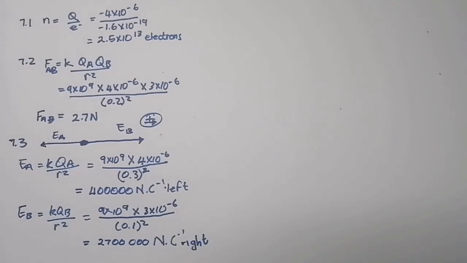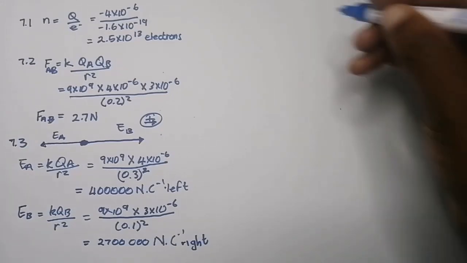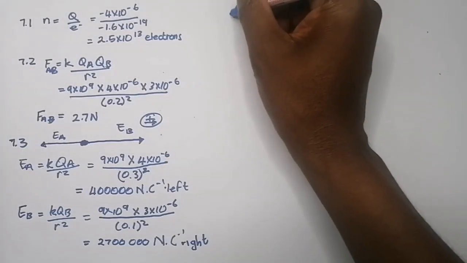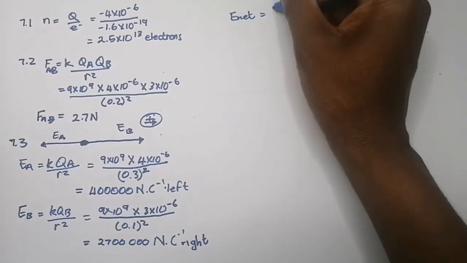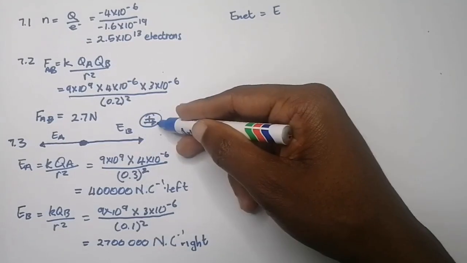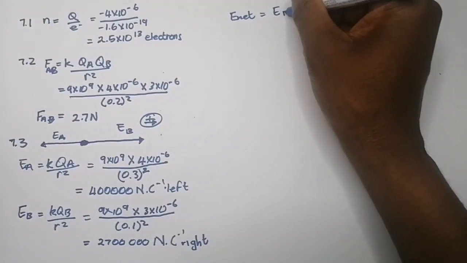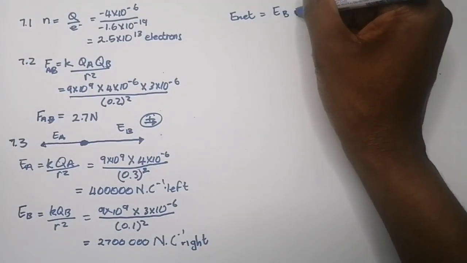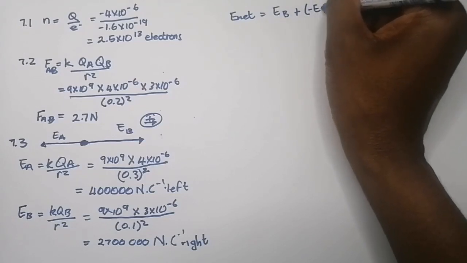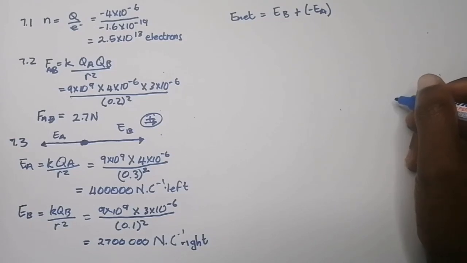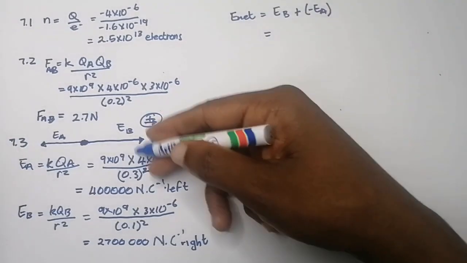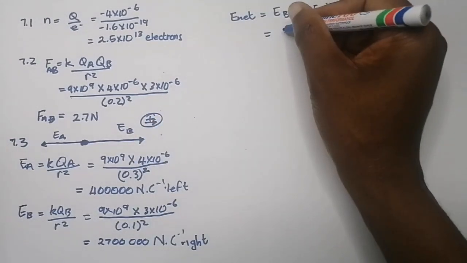So to get the net, we're simply going to say, for our net field, we said taking right as positive, so that's going to be E_B, the positive direction, plus a negative E_A, if you want to look at it like that. Or we can just simply say, because they're in different directions, we're going to subtract them.